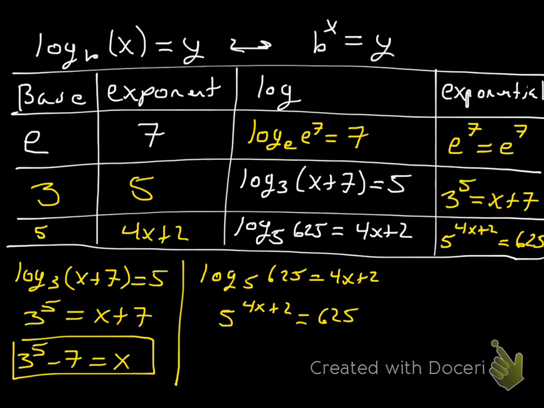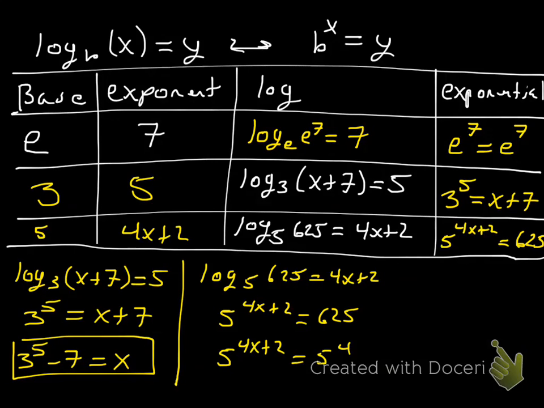And we snuck in an exponential. Okay, so 5 to the first is 5. 5 squared is 25. 5 cubed is 125. And 5 to the fourth is 625. So we practice solving exponential equations. So 5 to the 4x plus 2 is equal to 5 to the fourth.